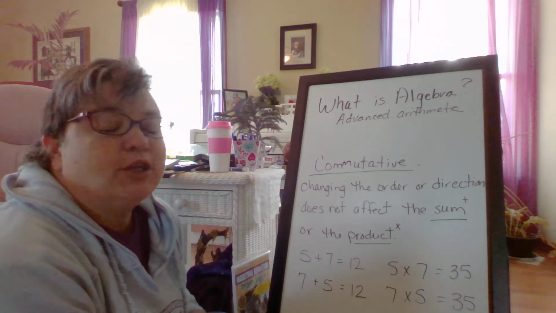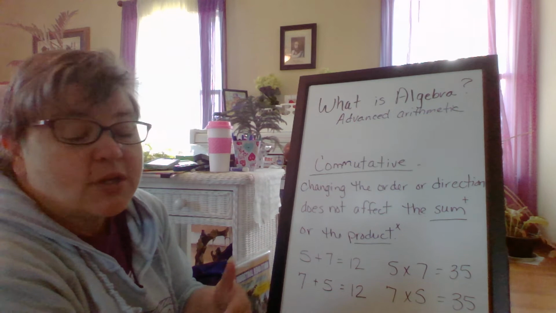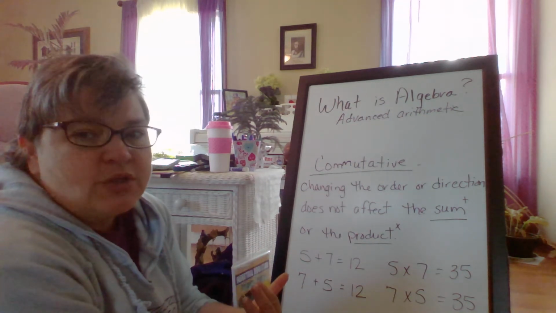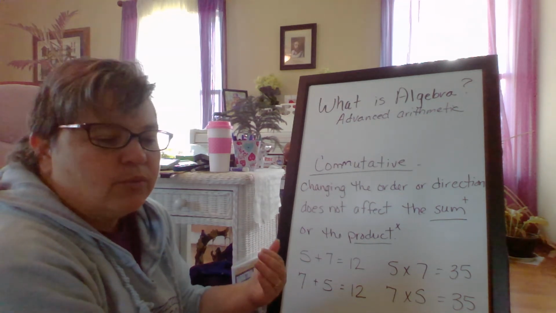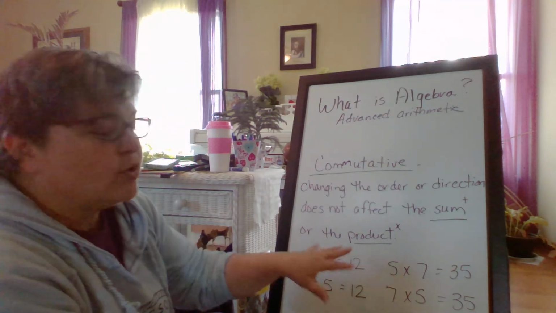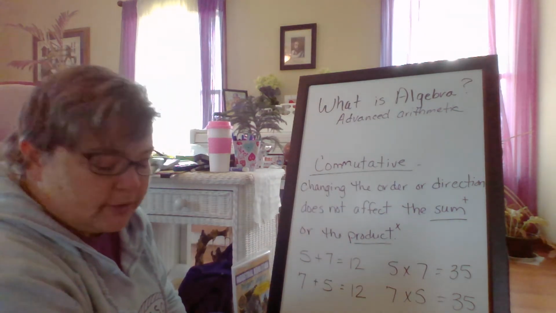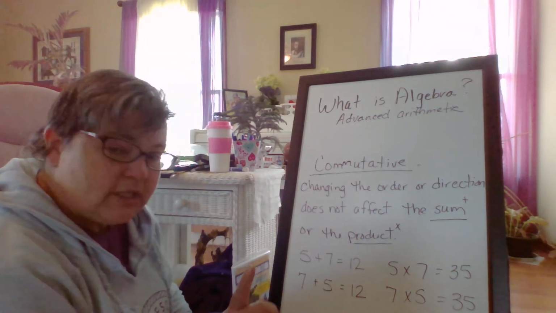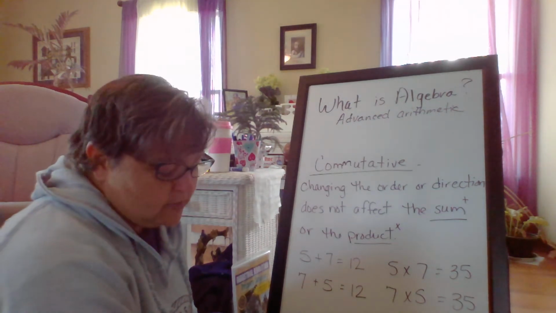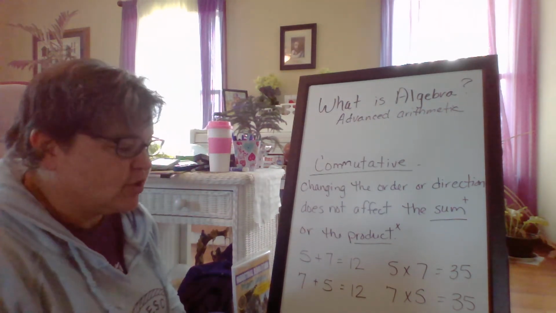And you need to know that when you're throwing in all those variables, those unknowns, and the numbers, you have to know that you can switch them and it's okay. The order of them, you have to know that. So that's why commutative property is important. And I will tell you that subtraction is not commutative, and I'm going to show you that.